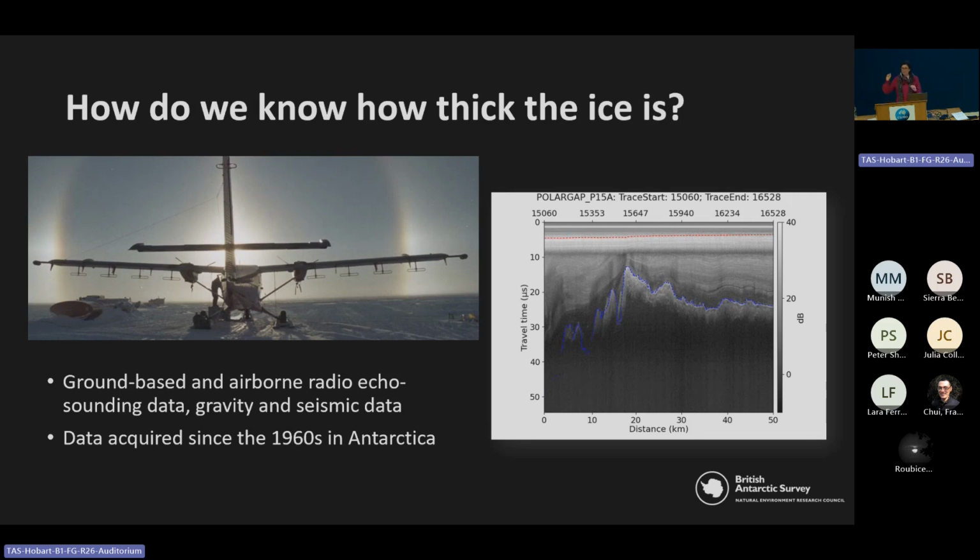Somebody will pick where the bed and the surface are, and by subtracting the bed from the surface, we get the ice thickness. Within Bedmap3, we also have ground-based radar echo sounding data, gravity, and seismic data. The data were acquired since the 1960s in Antarctica.